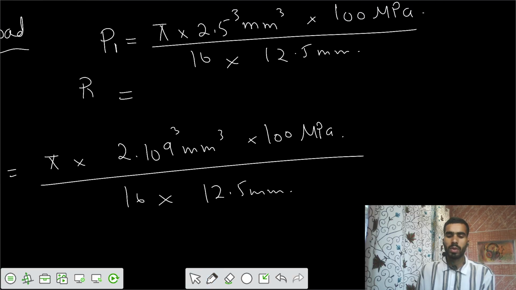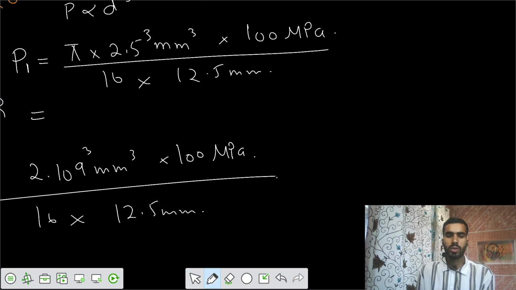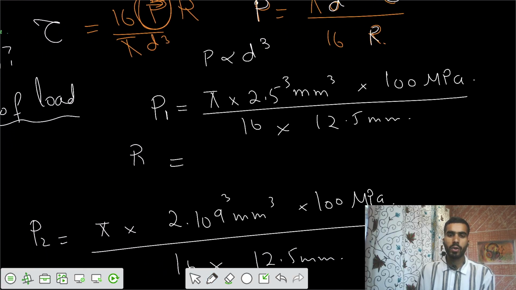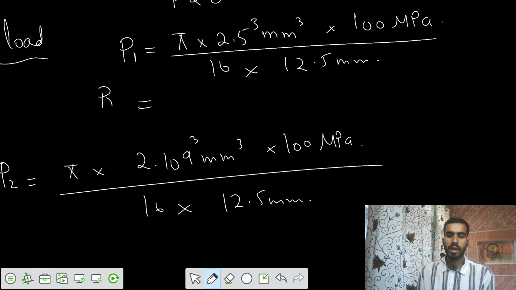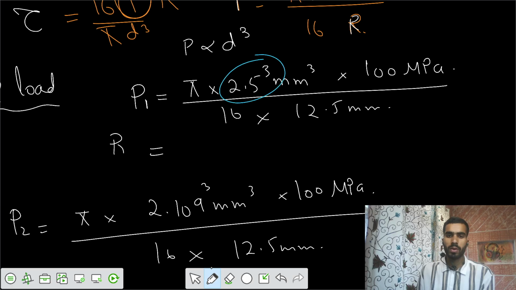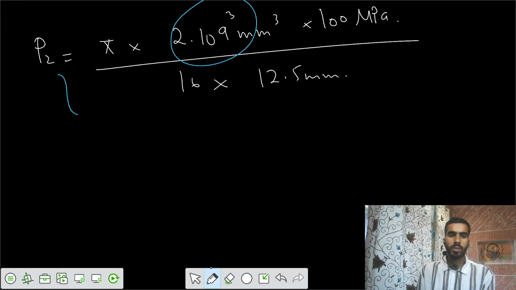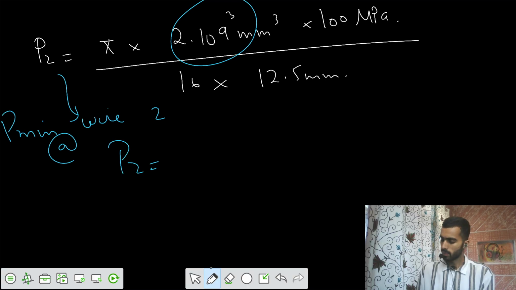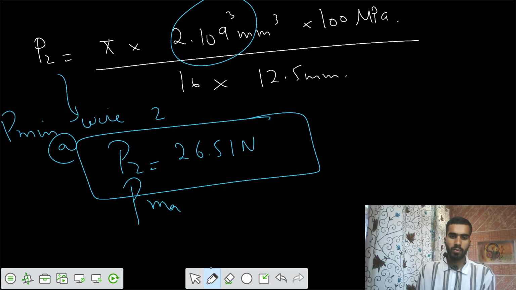So based on these two values we can say P1 equals... Since P is a function of d cube, and the smaller d value here, diameter d1 is 2.5 and diameter d2 is 2.1, the minimum value would correspond to wire 2. So P minimum will be at wire 2. So P2 equals 26.51 Newton. So this is the maximum load you can apply for this combination.